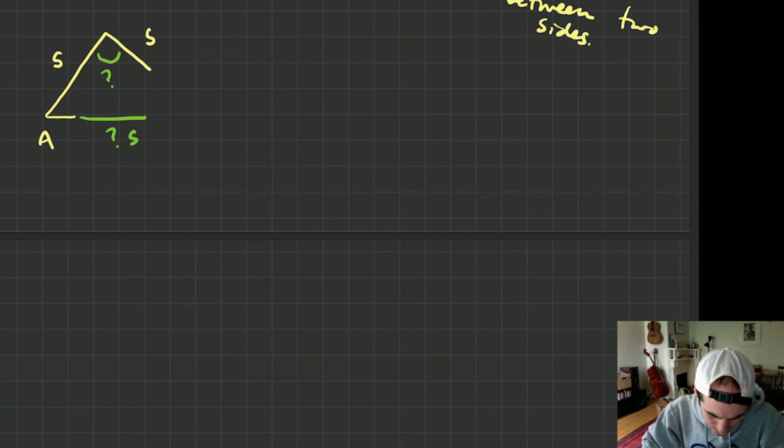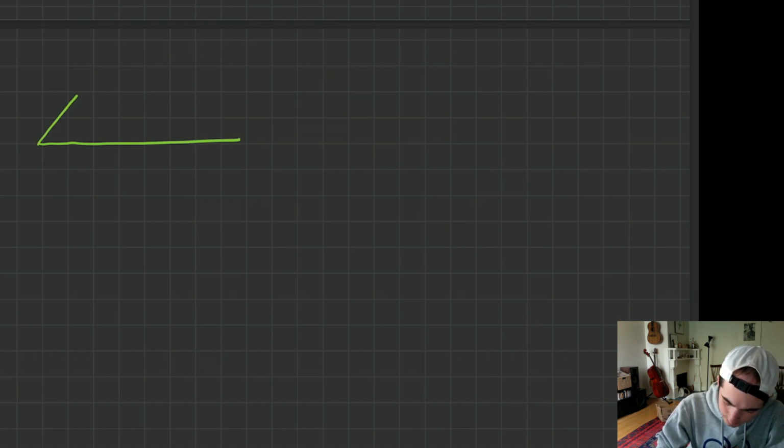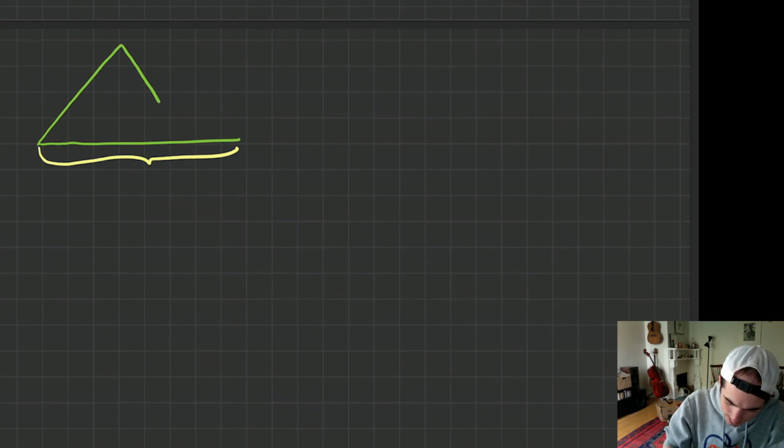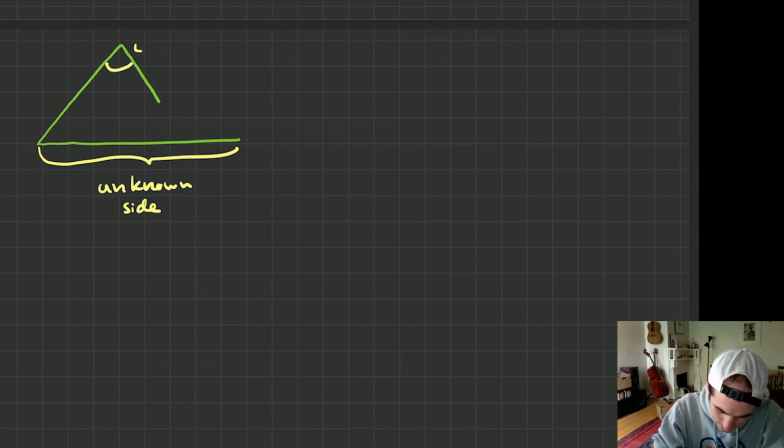So I've got a few different cases. What we're going to do is I'm going to draw a template here. So this is my template. Okay, so this is the unknown side, and this is the unknown angle.